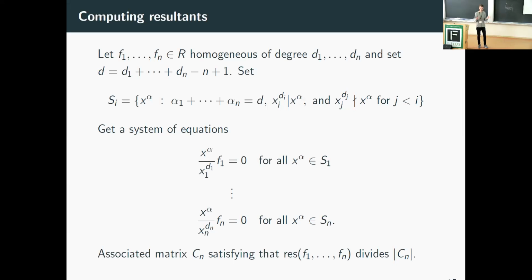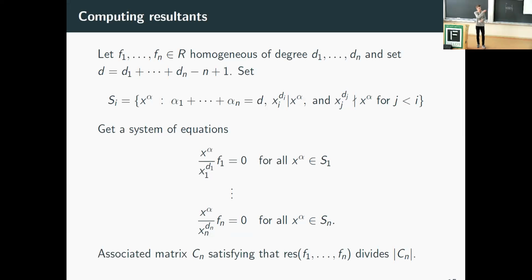We know by general theory of resultants that the resultant will always divide the determinant of the big matrix that comes from this system. However, in general, this determinant might be a lot larger than the resultant, and if one wanted to determine exactly what the resultant is, one would in general do this for several matrices of the same type. But in our case, it will turn out that one single matrix will suffice.